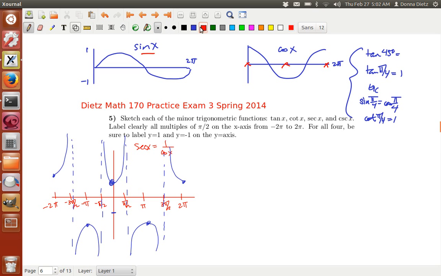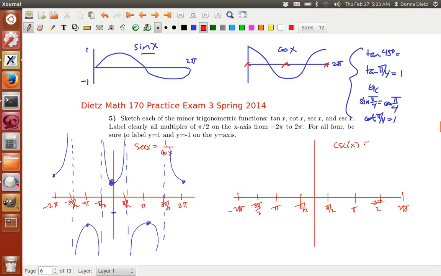Let's go ahead and do the same thing with cosecant. You'll probably get tired of drawing pies. Okay, so let's draw cosecant of x, which is the reciprocal of sine of x.